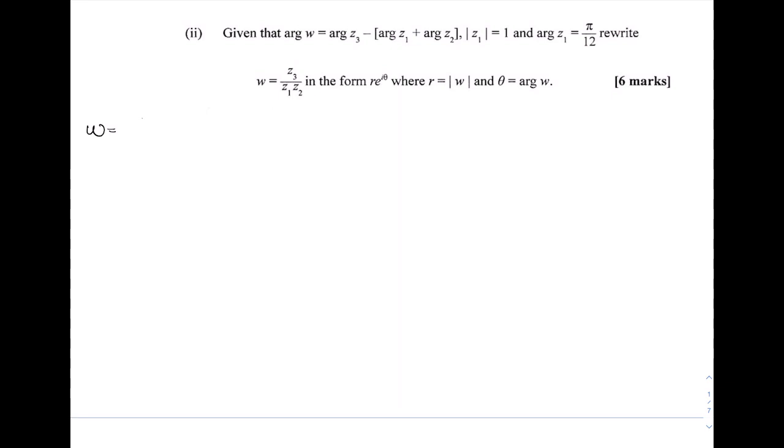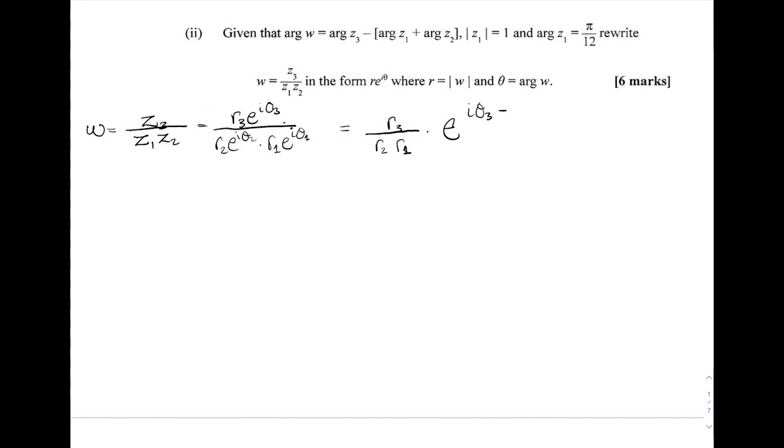So we take W equals Z3 divided by Z1 times Z2, which equals R3 e to the i theta 3 divided by R2 e to the i theta 2 times R1 e to the i theta 1. And that simplifies down to R3 divided by R2 times R1, times e raised to the i times (theta 3 minus (theta 1 plus theta 2)).